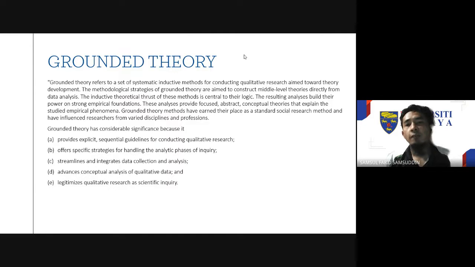Grounded theory methods have earned their place as a standard social research method and have influenced researchers from varied disciplines and professions.